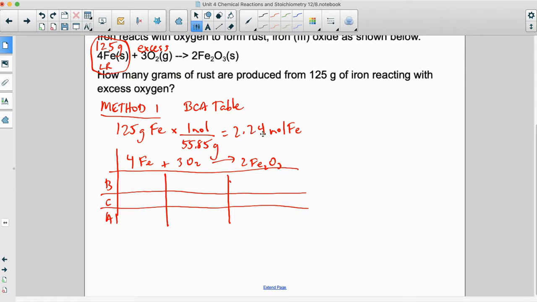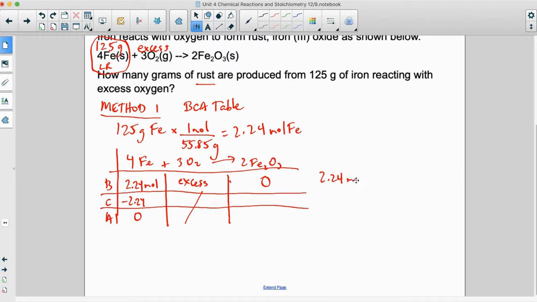And I know that initially we have 2.24 moles of iron. This is excess. And the question is asking about rust. We don't care about what happens to the O2, so I'm just going to ignore my O2 for now. I know I have 0 of this to begin with. Just as before, we need to get rid of the limiting reagent completely. That's 0.